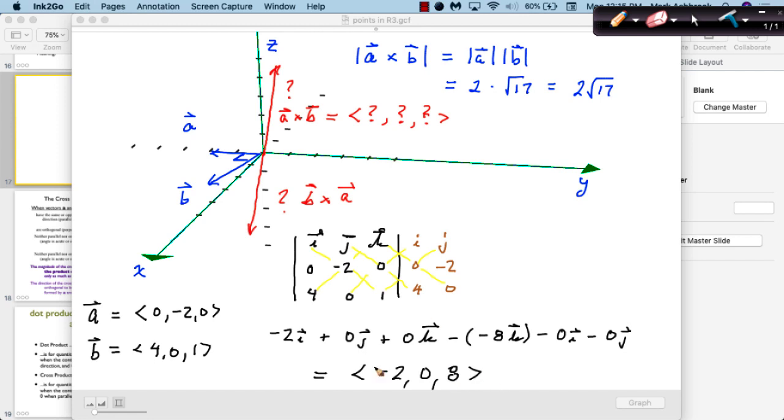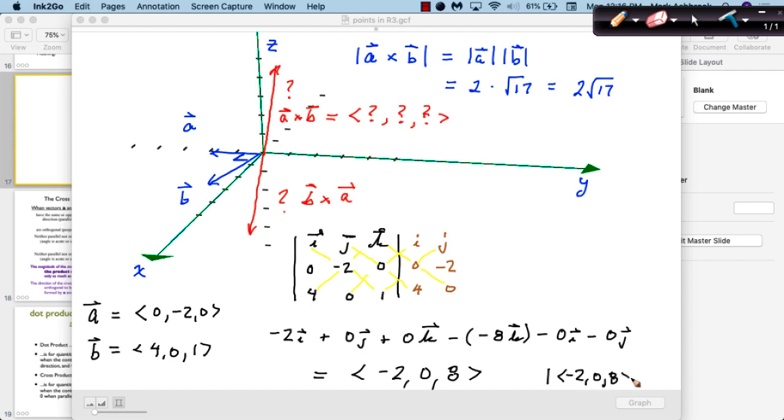So does that vector, just by glancing at it, agree with what we decided the cross product should be? I got -2, 0, 8. Does that look like it could be correct, the orientation of it? Yeah, we said back and up, right? So -2 back and 8 up. I just didn't draw it long enough. All right, now look at this. What's the magnitude of -2, 0, 8?